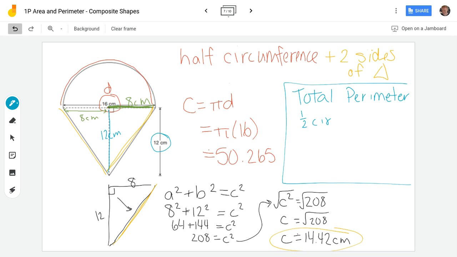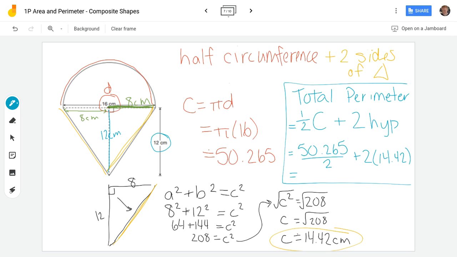I'll just put half of circumference plus 2 of the sides. So 2, we'll say HYP for hypotenuse, because it's the hypotenuse of that triangle. So half of the circumference, so we have to take 50.265 and we have to divide it by 2 first, and then we have to add 2 of this side that's 14.42.